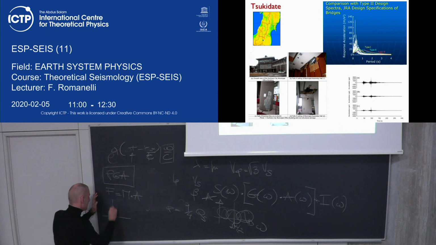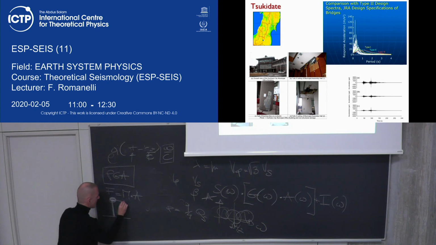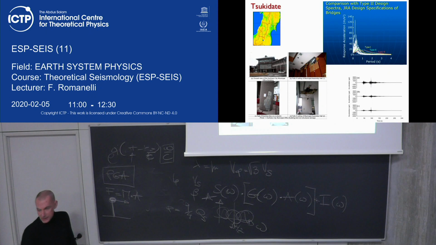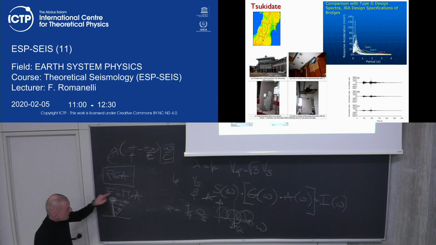If you have a building, and I'm approximating it as a single degree of freedom oscillator, you have a maximum external force for which to design it. Then they apply the maximum, and they design this to stand this. Of course, they design also for self-standing in the gravity field. That's why G is used. Okay? So it was an easy proxy to a force.